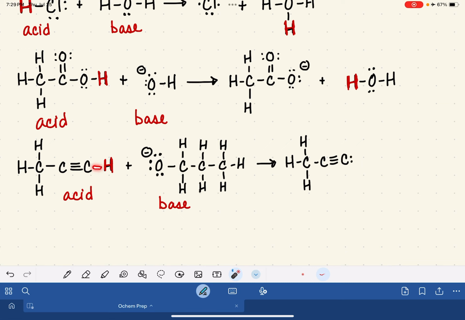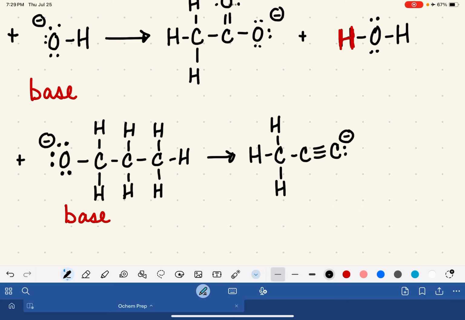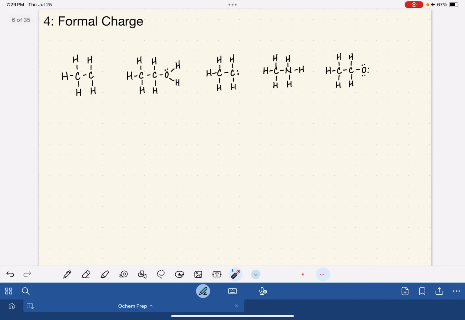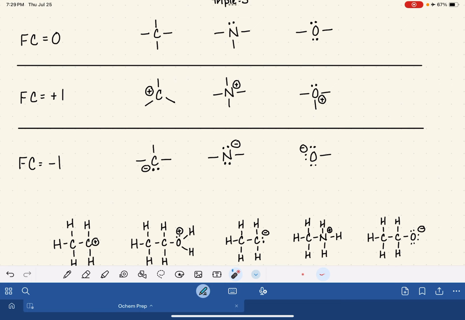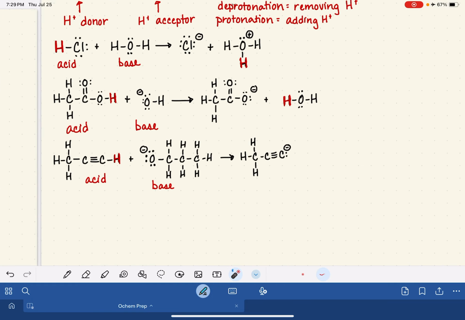The electrons in that carbon-hydrogen bond are going to become a lone pair of electrons on that carbon. That carbon with a lone pair and 3 bonds is a carbon with a negative formal charge. That's one of the common bonding patterns that we learned a while ago: a carbon with 3 bonds and a lone pair, negatively charged carbon.